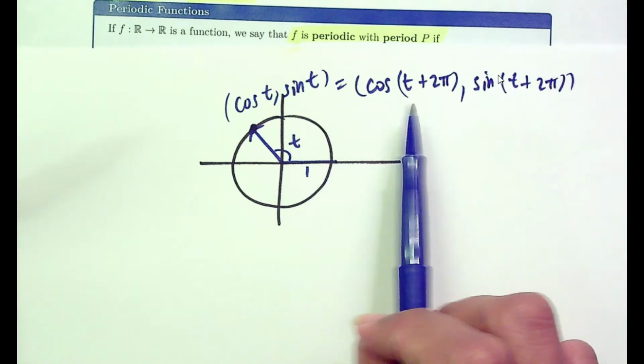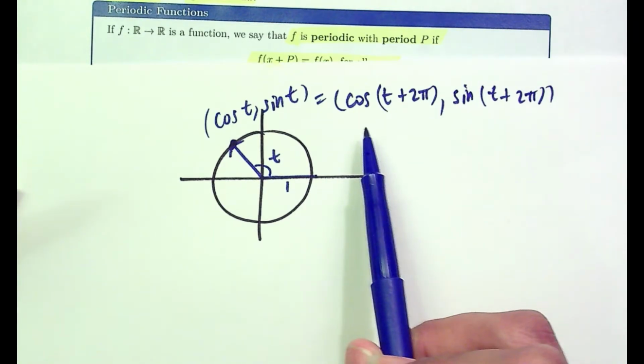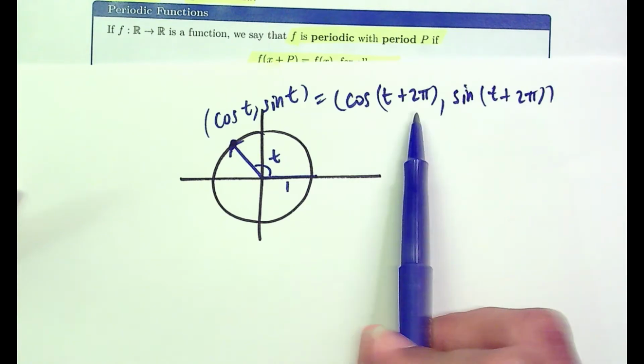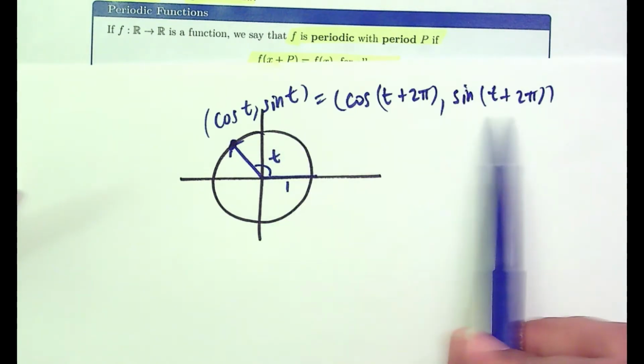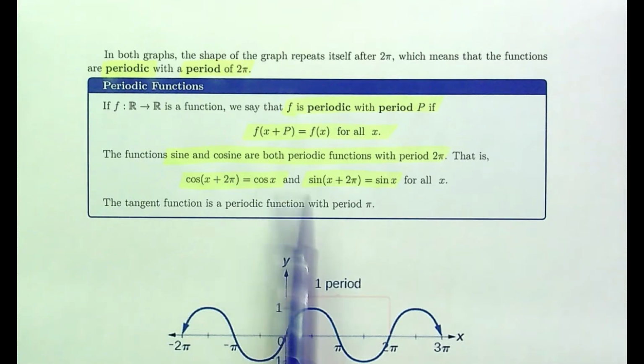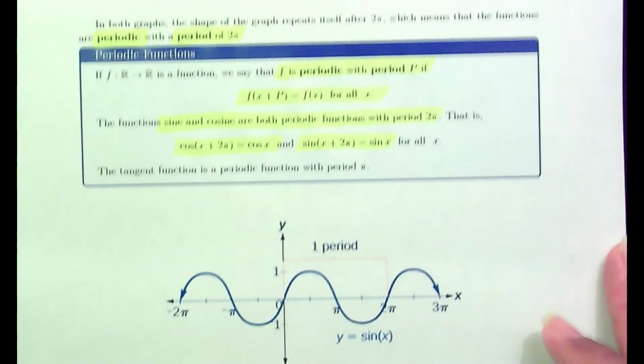Because you end up in exactly the same spot, that means cosine of t equals cosine of t plus 2 pi and sine of t equals sine of t plus 2 pi, which is precisely the statement from before using the letter x instead of t, but that's irrelevant.